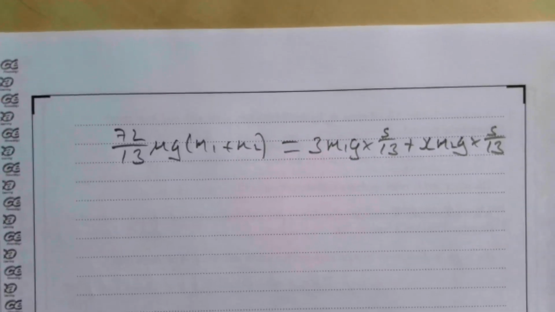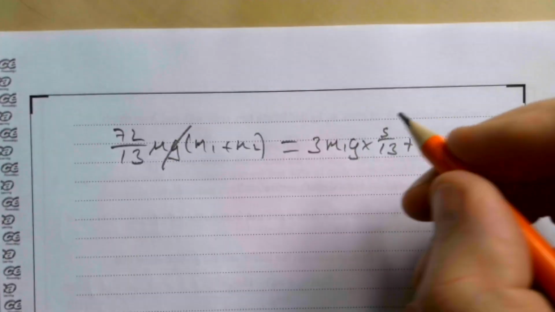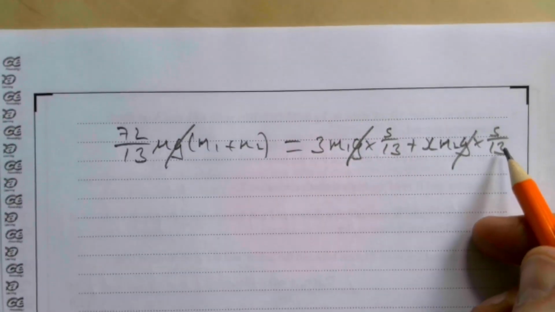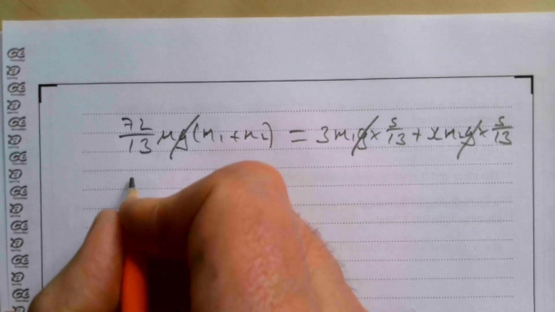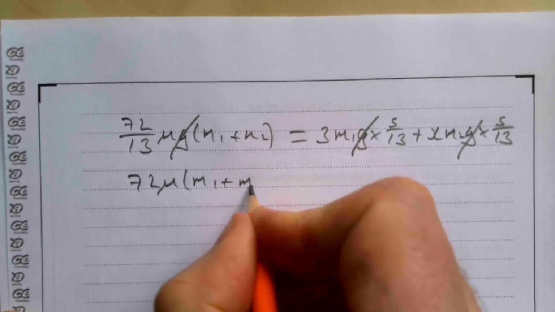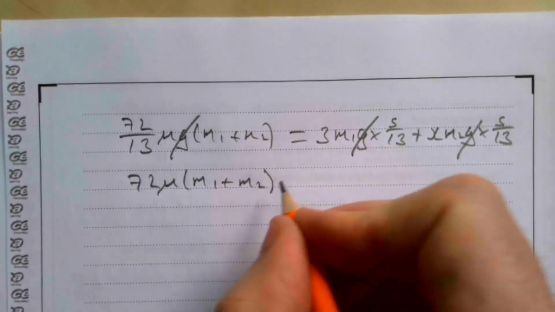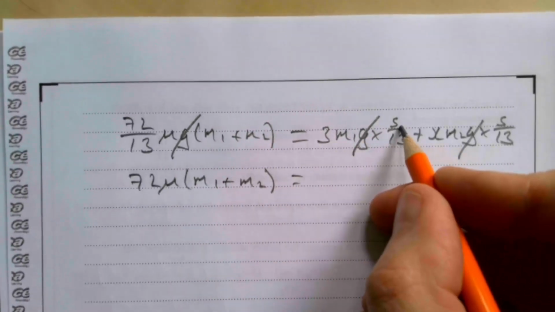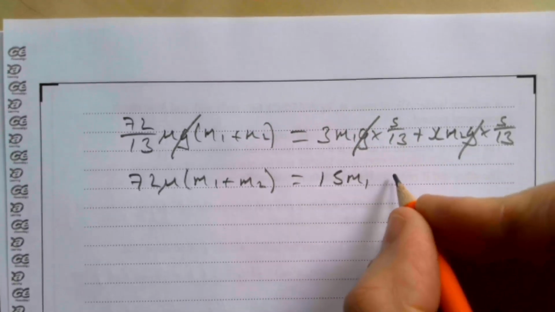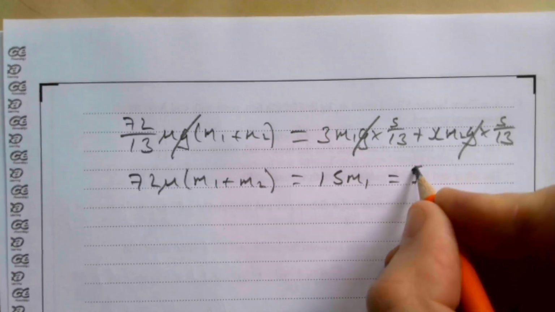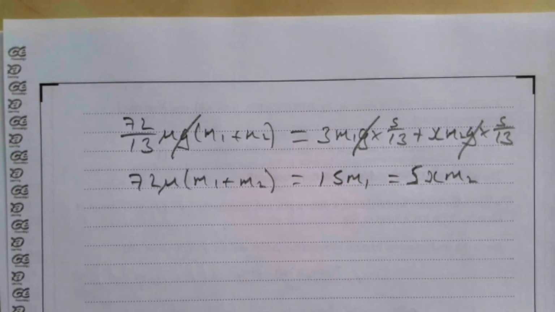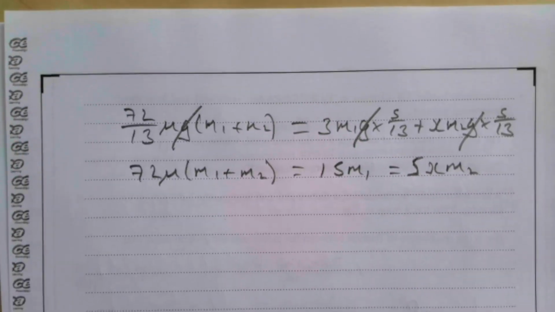So how can things tidy up? 3 terms, there's a g in all of them. So that goes. Also, I'm going to times 3 then by 13. So I'm going to be 72 mu m1 plus m2. 3 times 5 m1, so it's 15 m1 equals 5x m2. I think we're pretty close to having what they need.